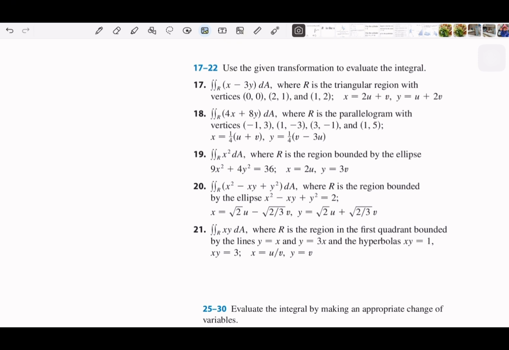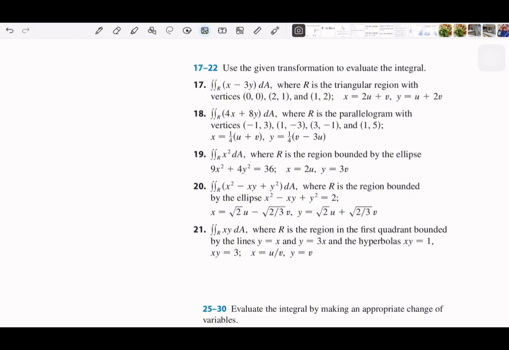Okay. So let's try a number. Which one do you prefer? From 17 to 21. Maybe 80 or 18. Okay.